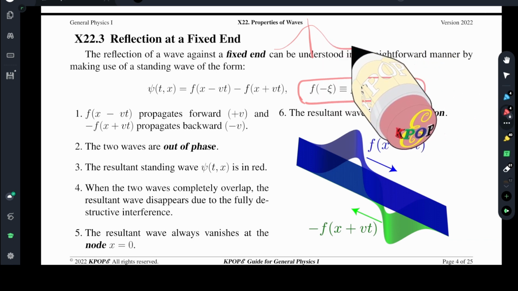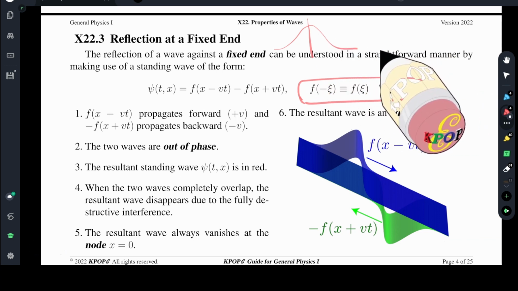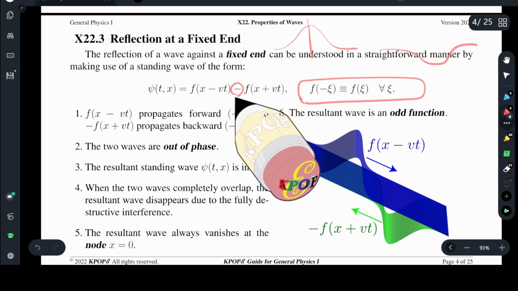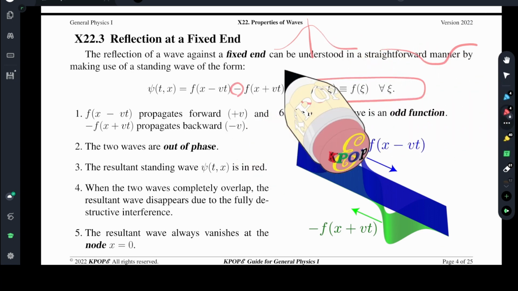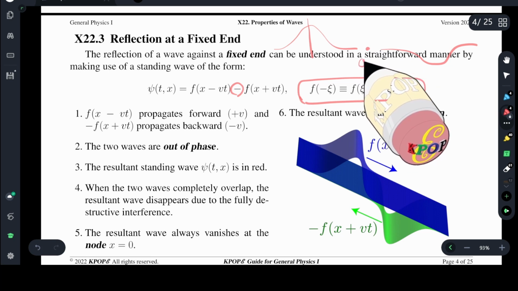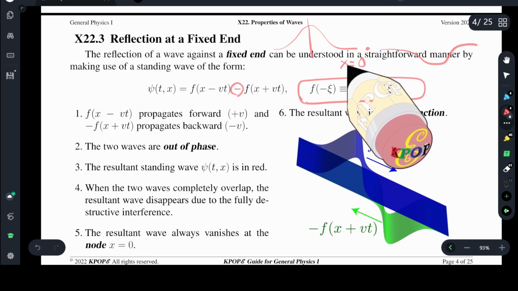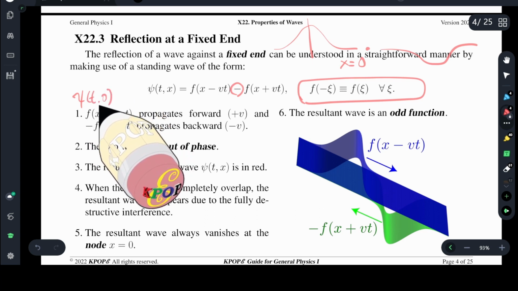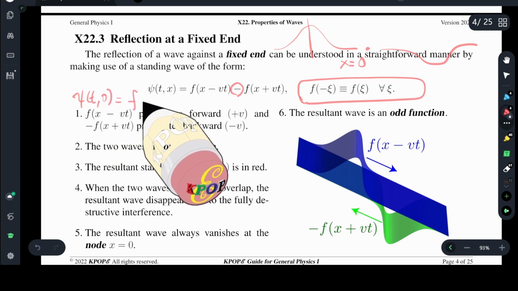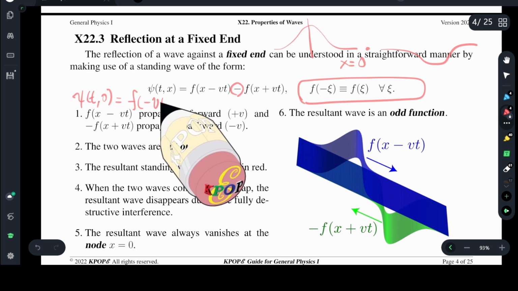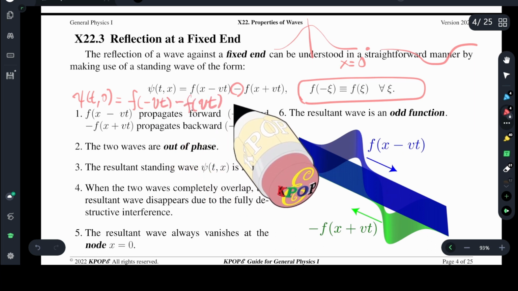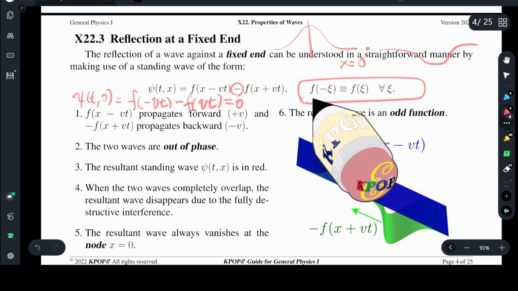And the same function, but it is opposite, it is subtracted. If I substitute x equals 0, psi of t, 0 is f of minus vt subtracted by f of vt. Because it is even, it is always 0.